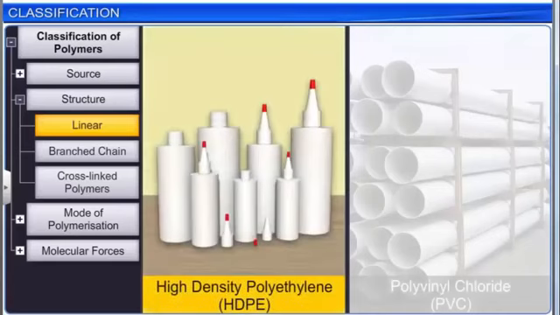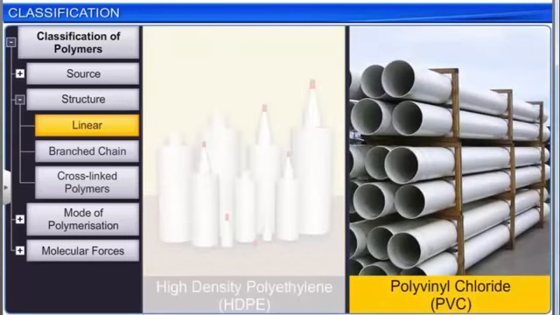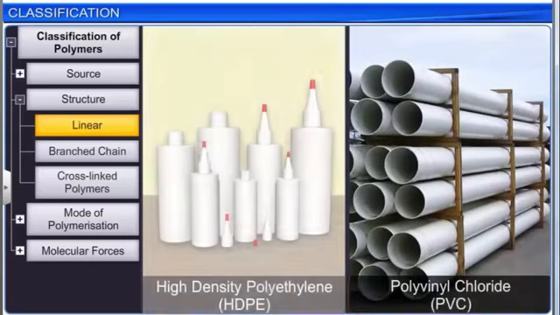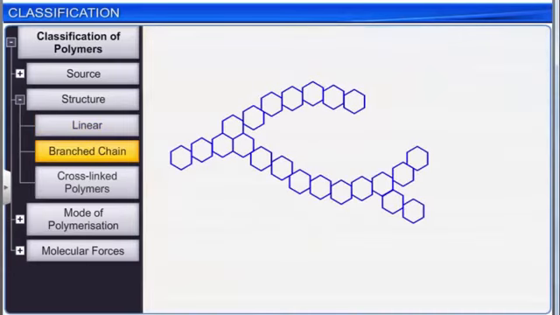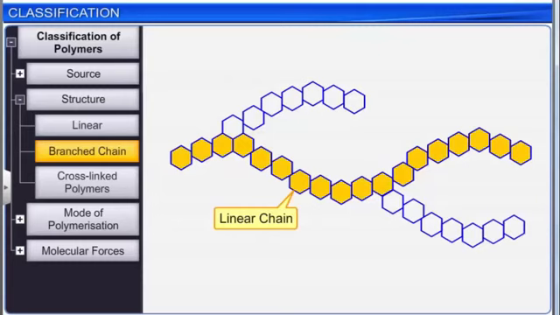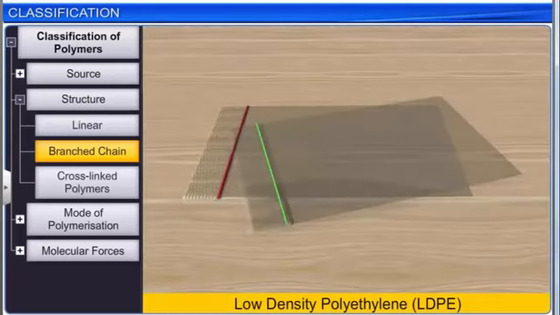Examples are high-density polyethylene or HDPE and polyvinyl chloride or PVC. Branched chain polymers contain linear chains that have some branches. One common example of a branched chain polymer is low-density polyethylene or LDPE.